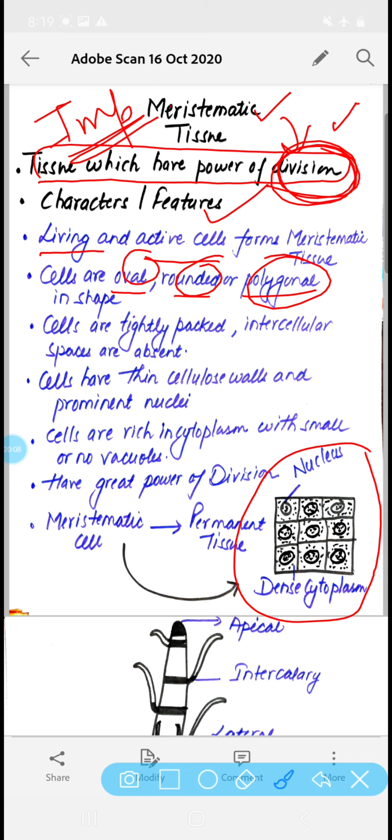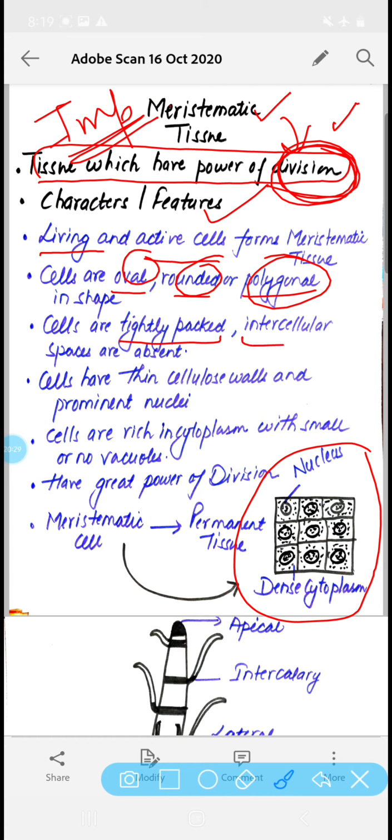So here you can see that the cells in the meristematic tissues are tightly packed or compactly present. जैसे कि फ्लोर पे टाइल्स लगी हुई होती हैं, टाइटली पैक्ड होती हैं, इसी तरह से ये जो मेरिस्टेमेटिक टिश्यूज़ के सेल्स हैं, दे आर टाइटली पैक्ड.